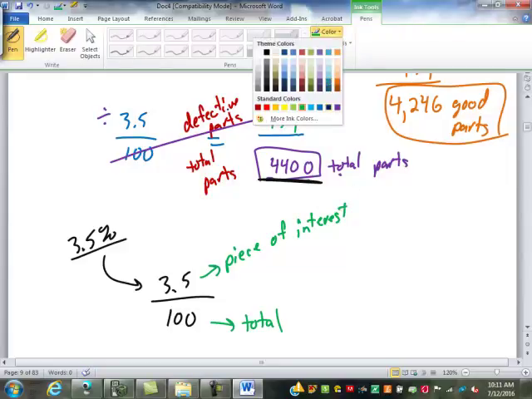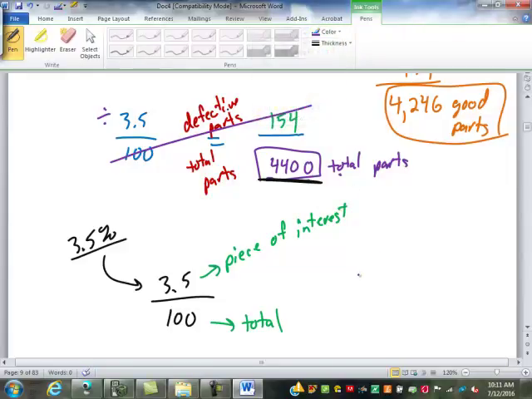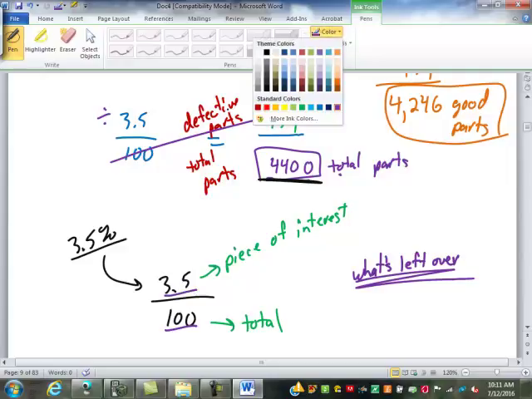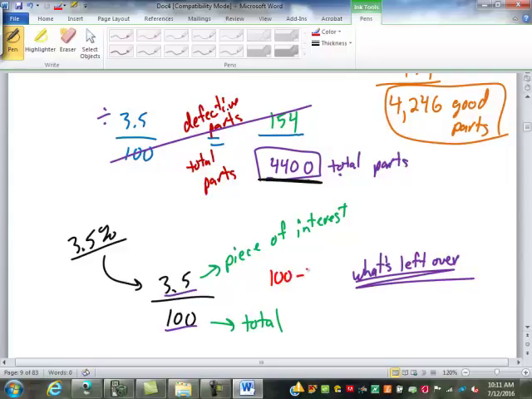The third part is what's left over. Well, what number represents what's left over? Well, this is 3.5 out of 100. If this is out of 100 and we've used up 3.5, what's left over is the rest. 100 minus 3.5, or 96.5 out of 100, or 96.5%.